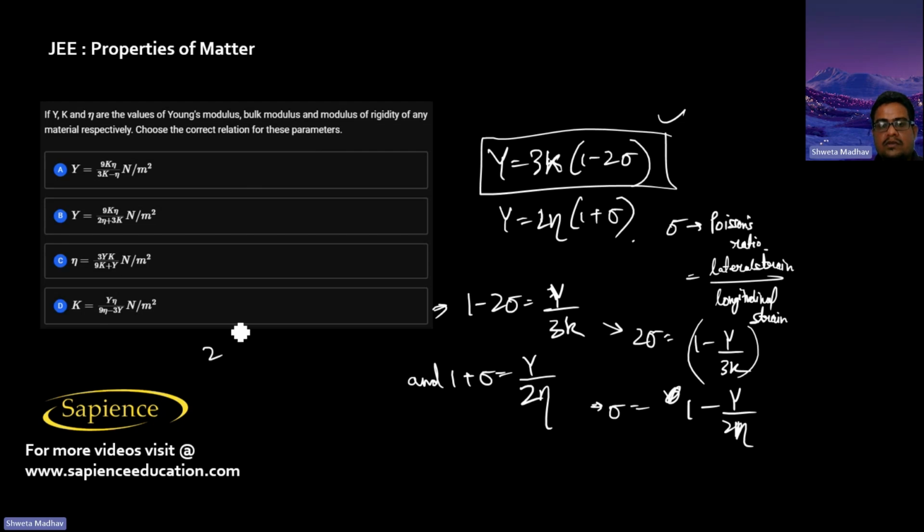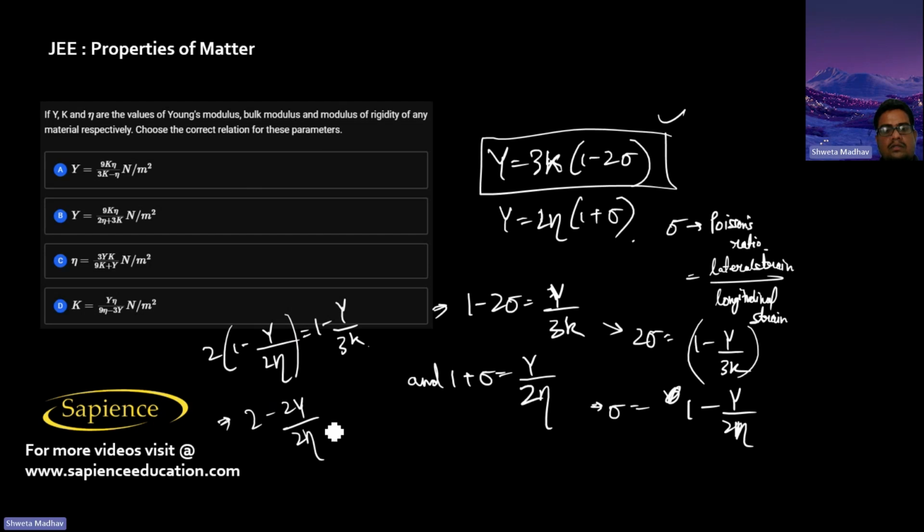Therefore I can say twice of y by 2 eta minus 1 is equal to 1 minus y by 3k. Therefore, 2y by 2 eta minus 2 is equal to 1 minus y by 3k.